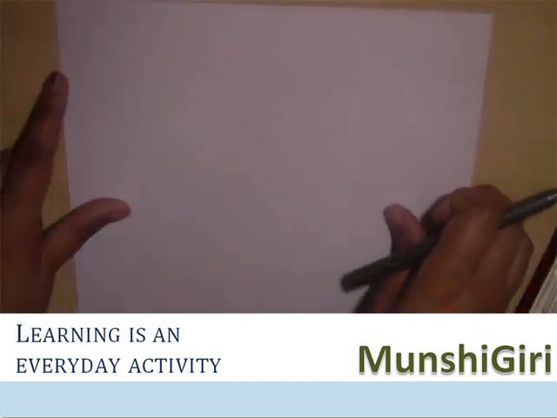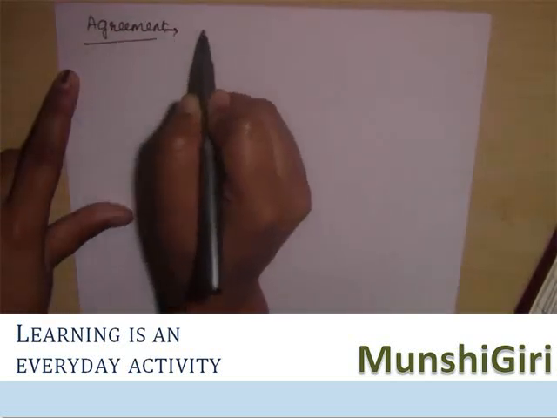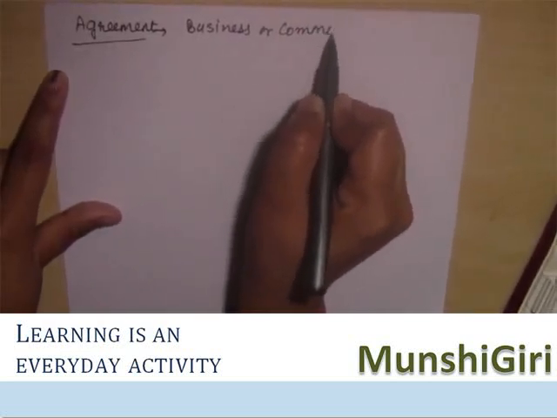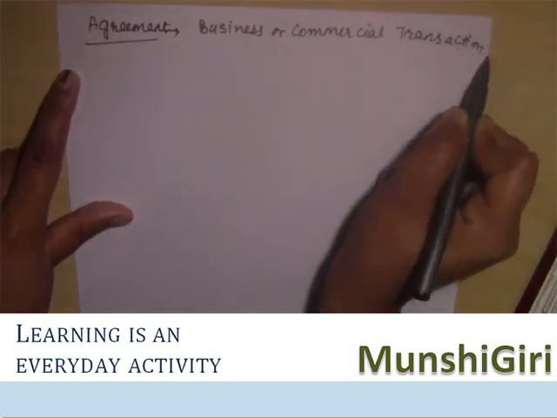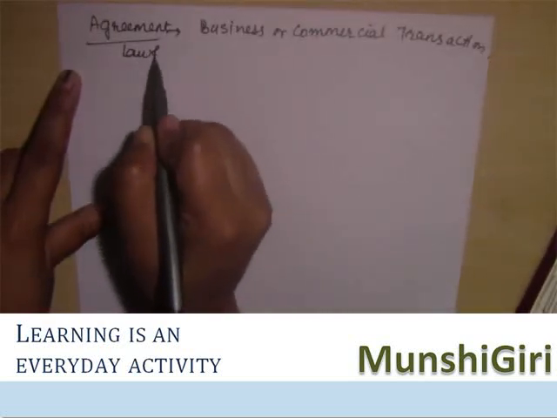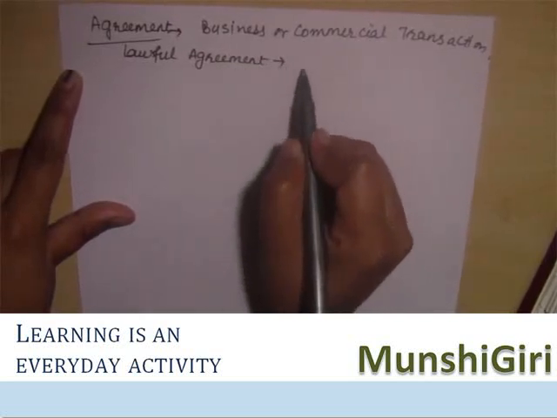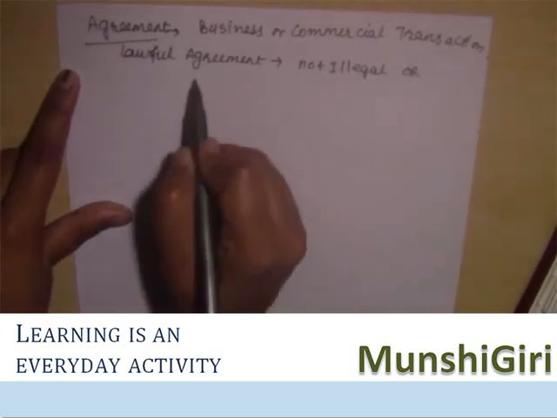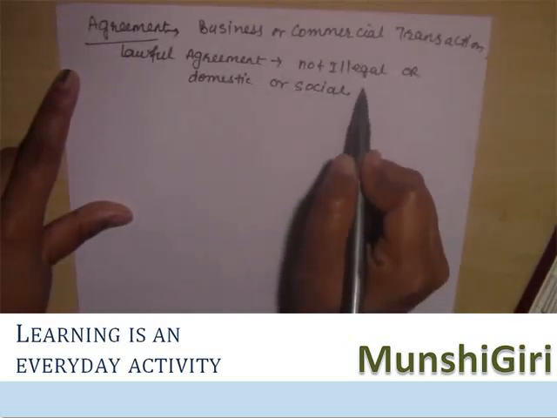Now let's learn some more important things about agreement. An agreement has to be a business or commercial transaction. A lawful agreement is an agreement which is not illegal or domestic or social or immoral.